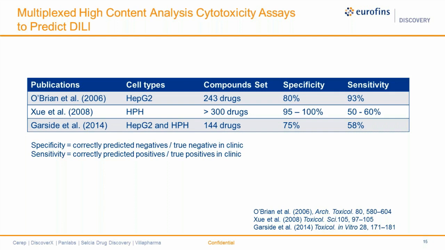The results demonstrated that high-content analysis imaging cytotoxicity study can aid the in vitro detection of drugs that have a high propensity to cause DILI in vivo. If used to support compound profiling during drug discovery, such assays have the potential to aid selection of drugs with reduced likelihood to cause DILI in humans.